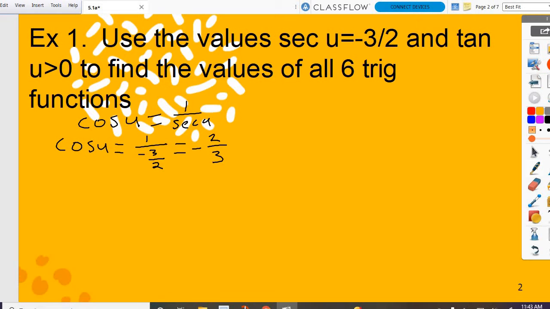One down. Yay! Okay, so then, same idea. Now that I have cosine, is there one other trig identity that has just cosine and one other function? 1 over secant. Well, I already have secant, so I need one that I don't have yet.